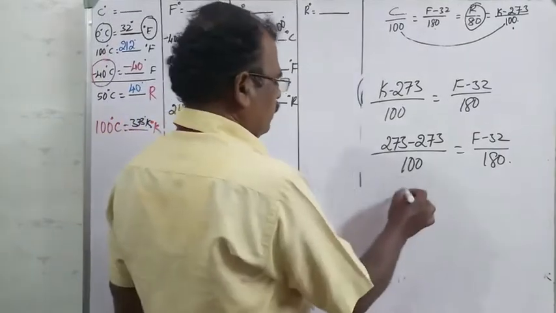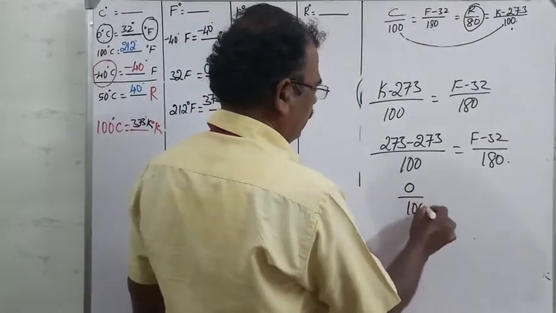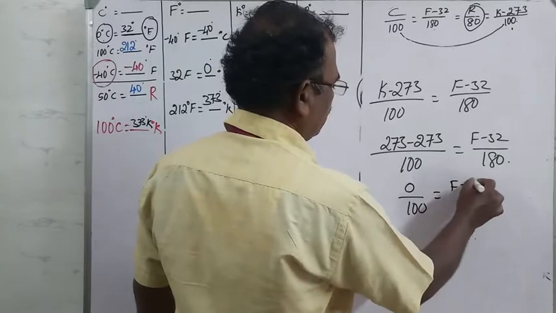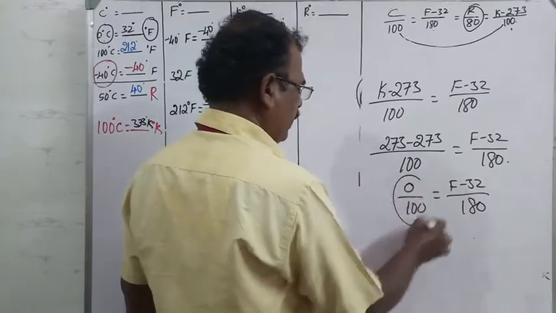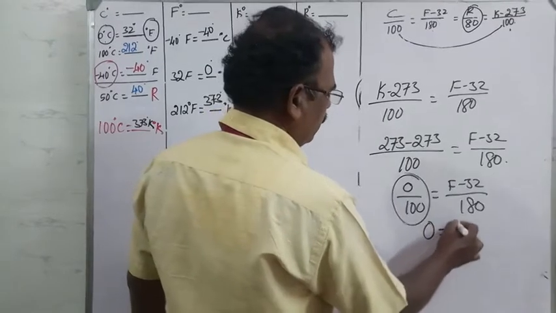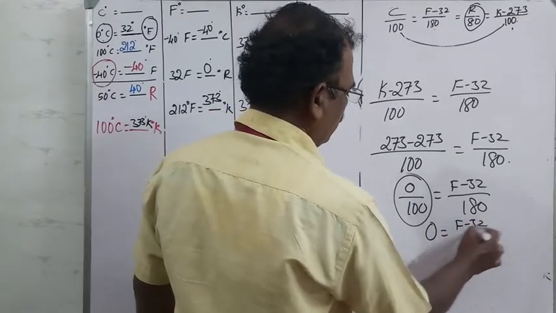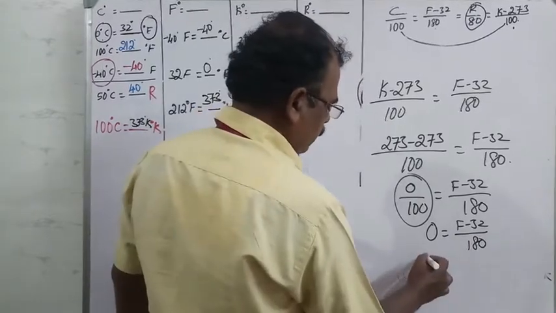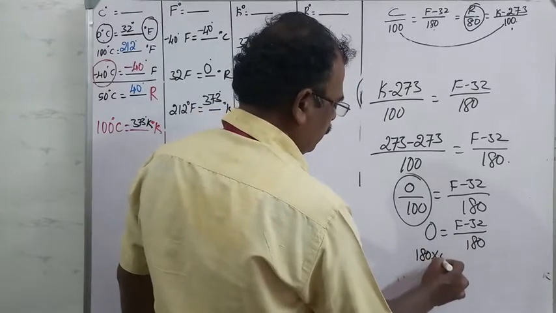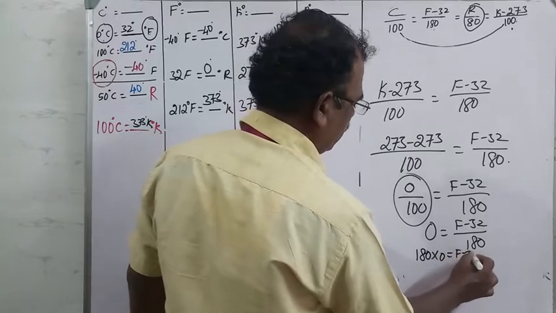So now 0 divided by 100 is equal to F minus 32 divided by 180. 0 divided by anything is 0, so 0 is equal to F minus 32 divided by 180. Make the cross multiplication: 180 into 0 is equal to F minus 32.